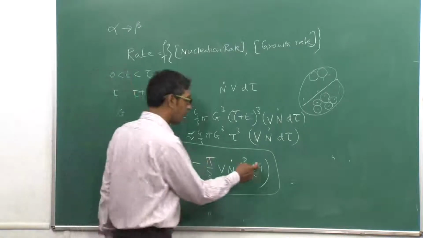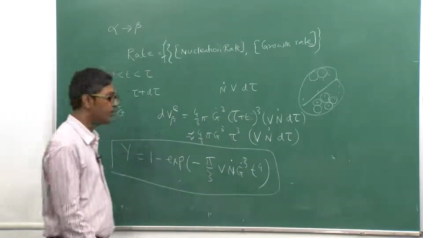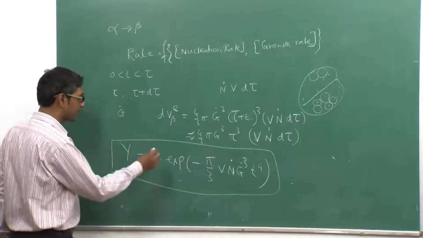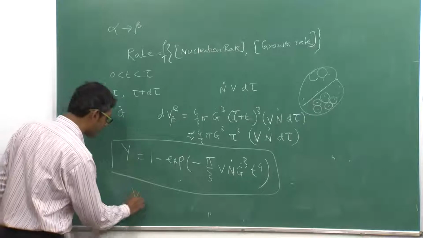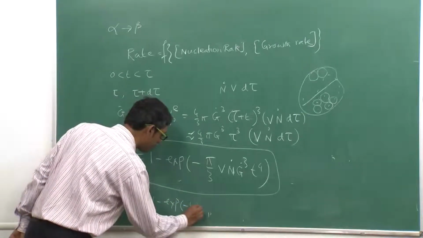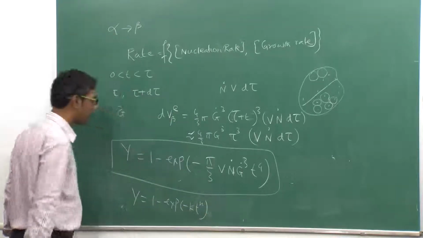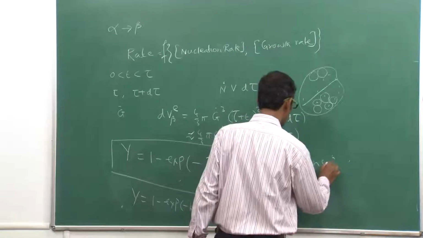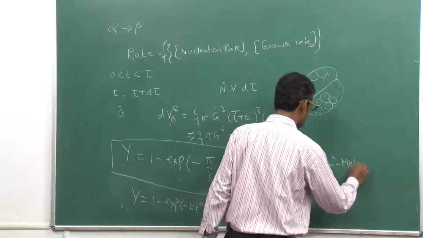It can be order 4 or 5, and in some processes the exponent will be order 2 or 3, but this is the classical expression. In many cases people write it this way also, 1 minus exponential minus k t to the power n, that is the generalized expression, and this is the generalized Johnson-Mehl-Avrami expression.